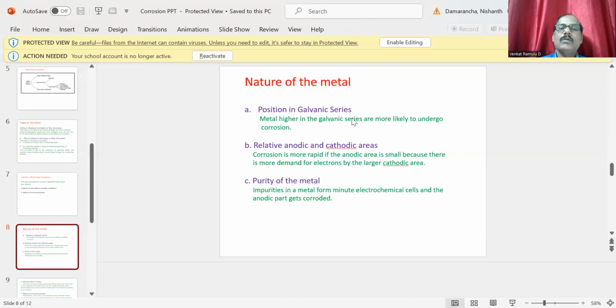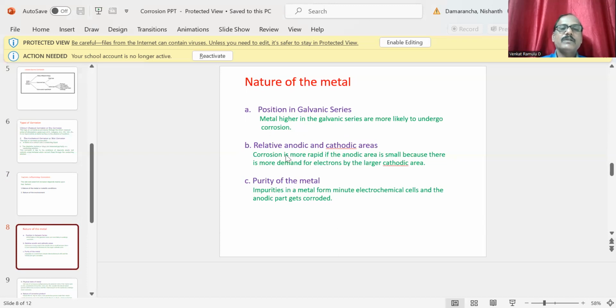If any metal is below or lower in the galvanic series, that undergoes less corrosion. So the position of the metal is also going to decide the rate of corrosion. If the metal is higher in the galvanic series, more corrosion is possible.